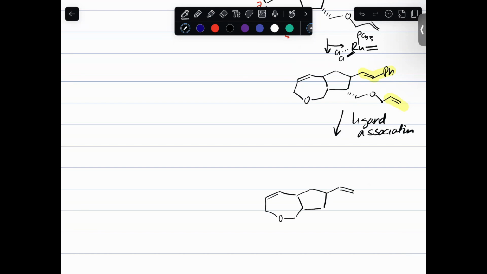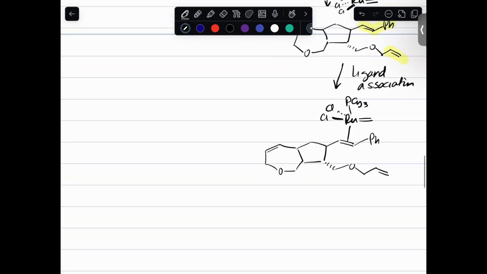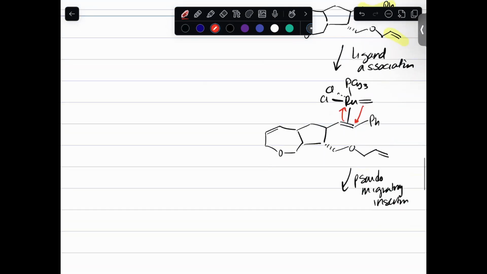I'll start off with the top alkene, but completely up to you. There's my ligand association. Let me do my pseudo migratory insertion. Let me start going back.